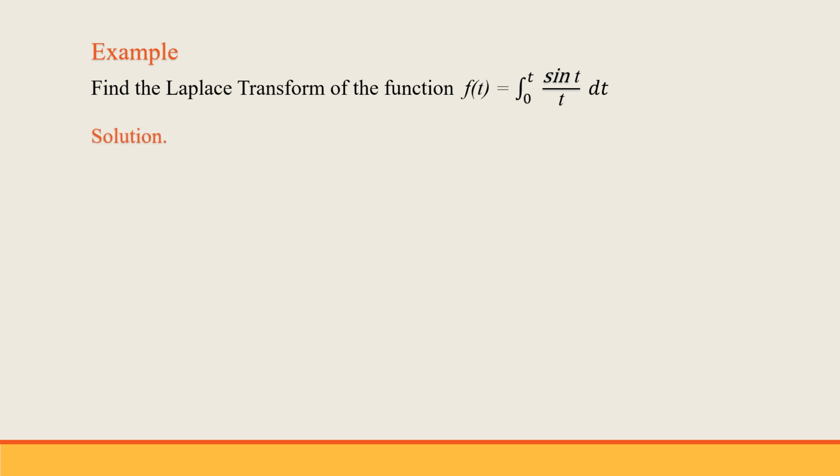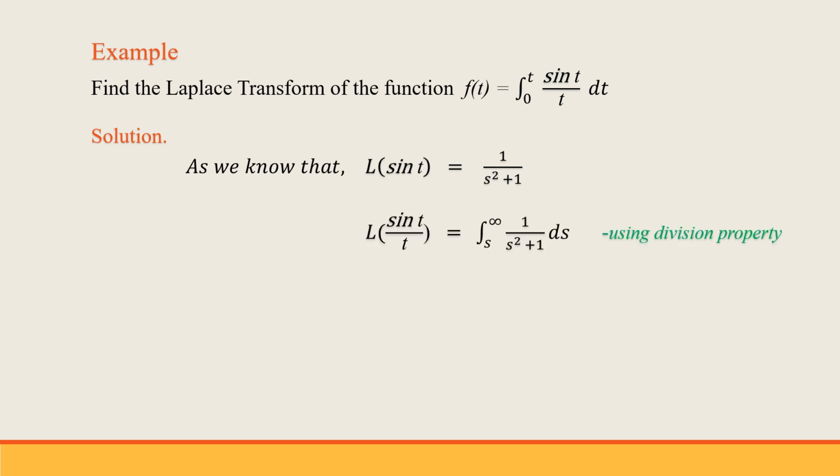Let's see once again. As the Laplace transform of sine t is 1 by s square plus 1, and Laplace transform of sine t by t is equal to integral s to infinity 1 by s square plus 1 ds by using division property.